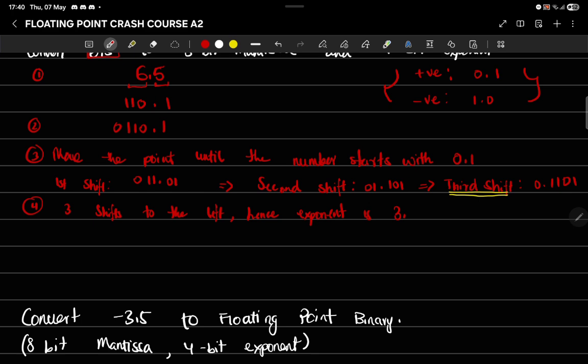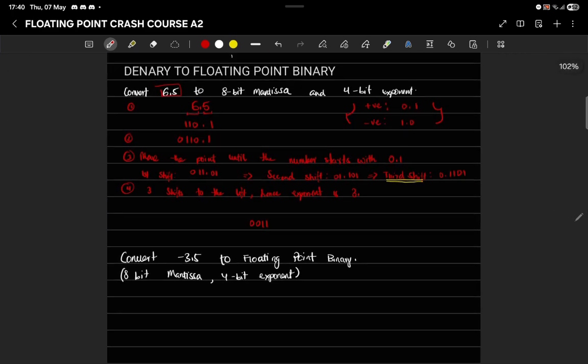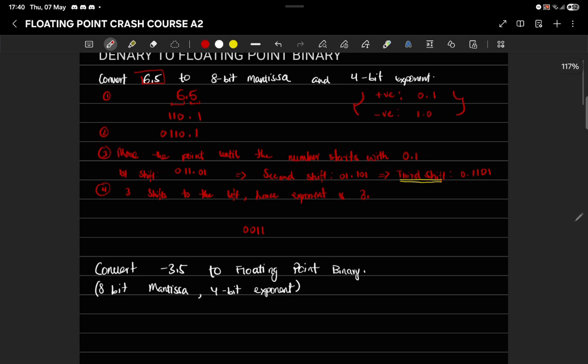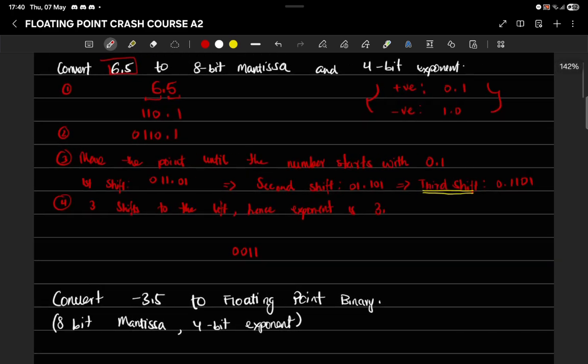And 3 in binary is what? 0011, since we wanted a 4-bit exponent in the question. And then our number was this. This was the number, so we just write that down. So this is 0 1 1 0 1.